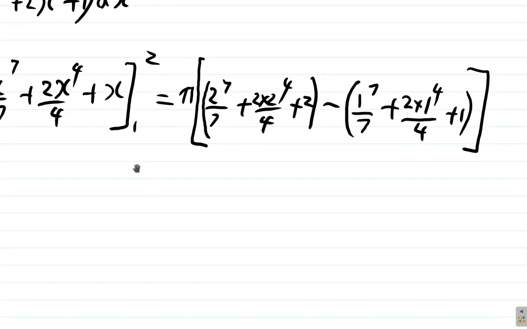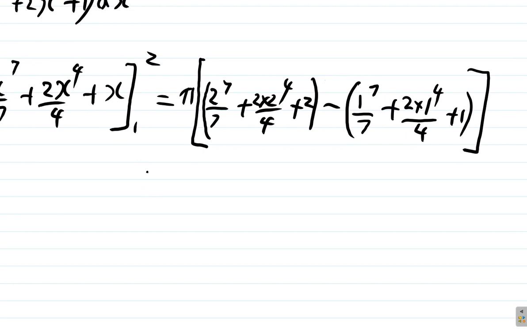So what you have now is pi times, what is 2 to the 7? 2 times 2 is 4, 4 times 2 is 8, 8 times 2 is 16, 16 times 2 is 32, 32 times 2 is 64, 64 times 2 is 128. It's 128 over 7 plus 2 to the 4 times 2 is 2 to the 5th. 2 to the 5th is what? 2 times 2 is 4, 8, 16, 32.